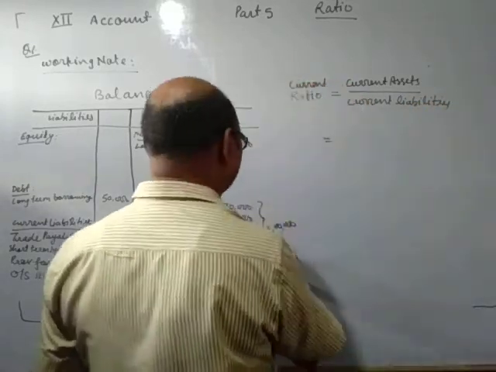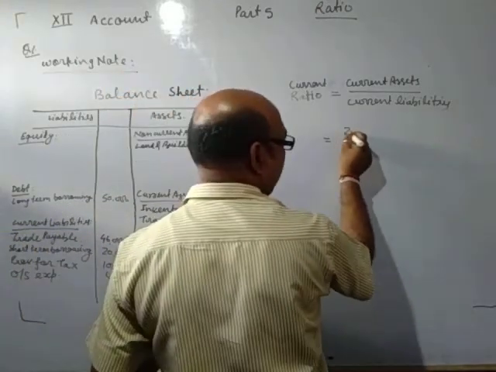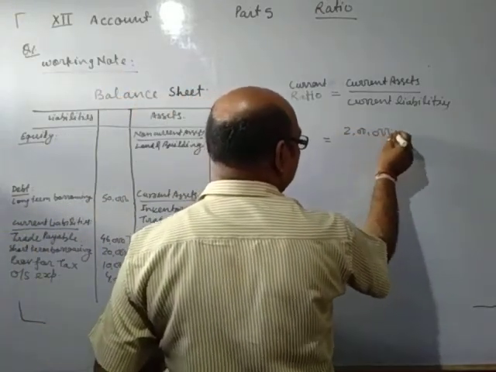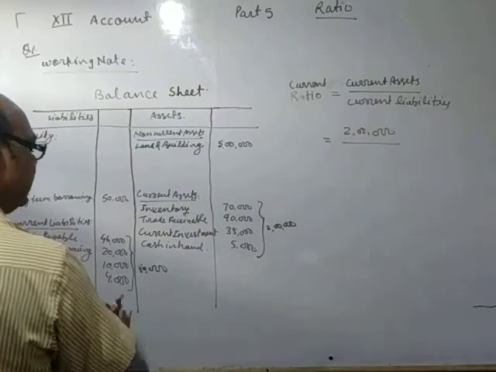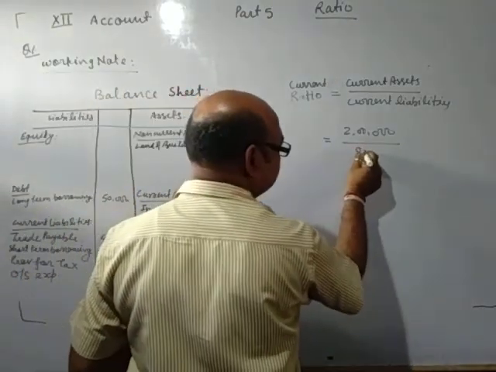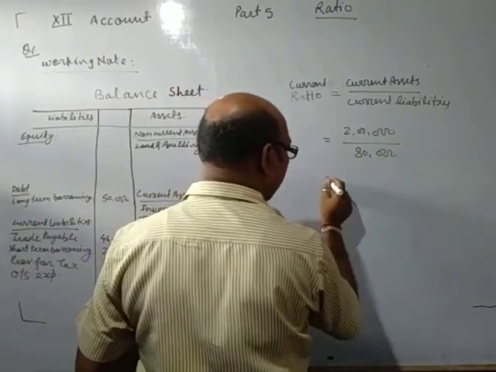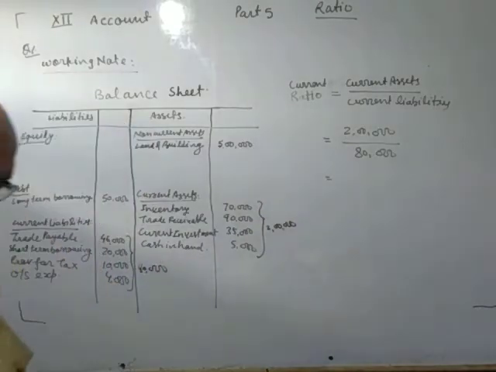Now you have made the total of current assets, that is 2 lakhs, and the total of current liabilities, that is 80,000. So 2 lakhs divided by 80,000.